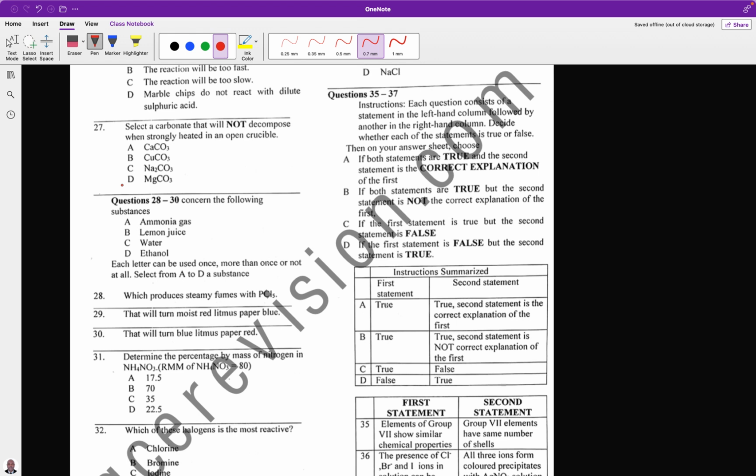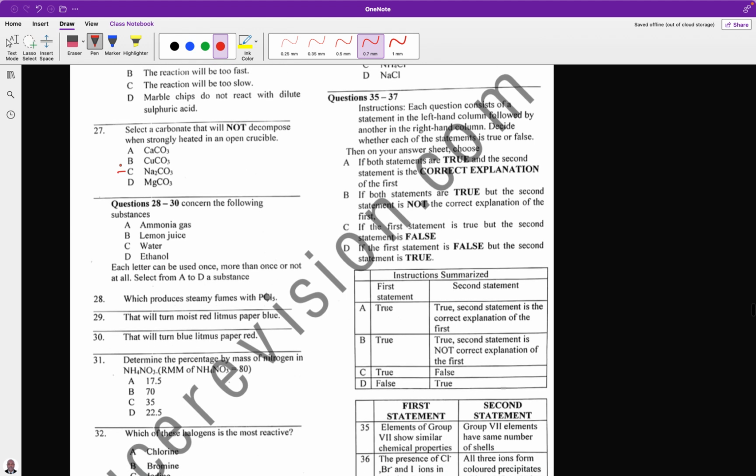It will not be calcium carbonate, it won't be copper carbonate, it won't be group 2, it is only a group 1 carbonate, which in this case is sodium carbonate. A group 1 carbonate will not decompose. So our answer is C.